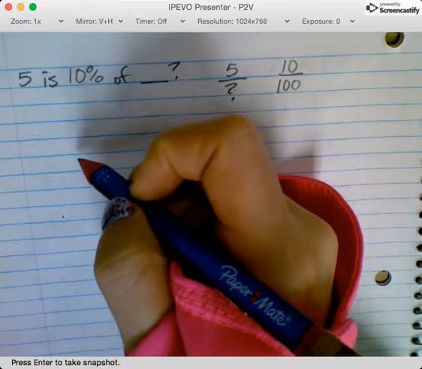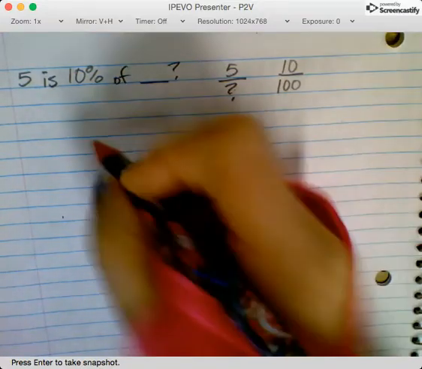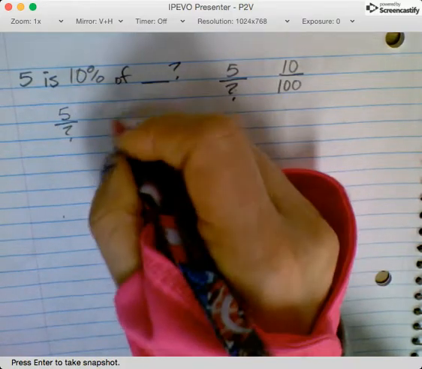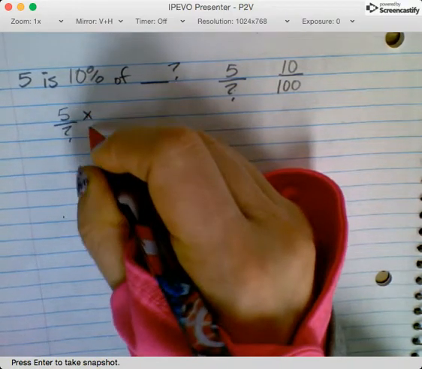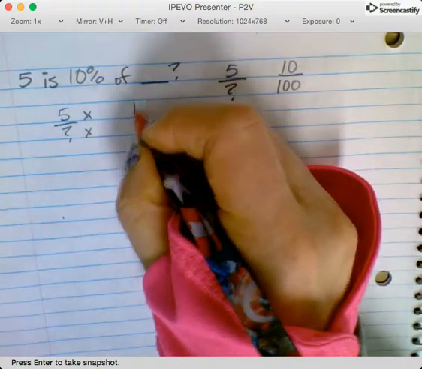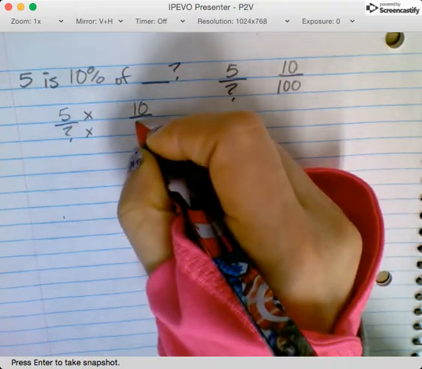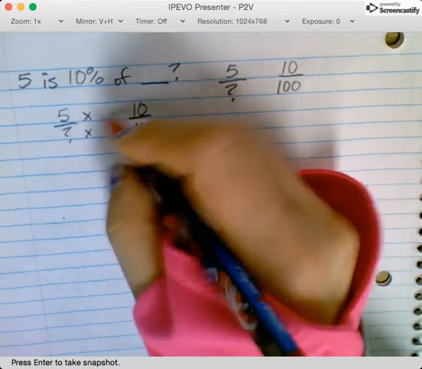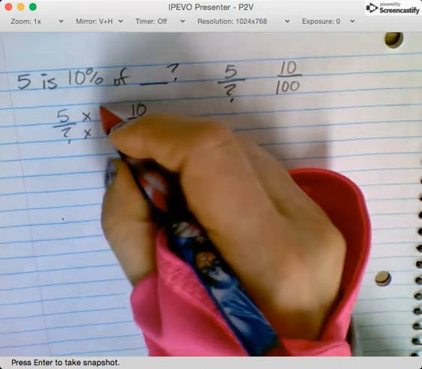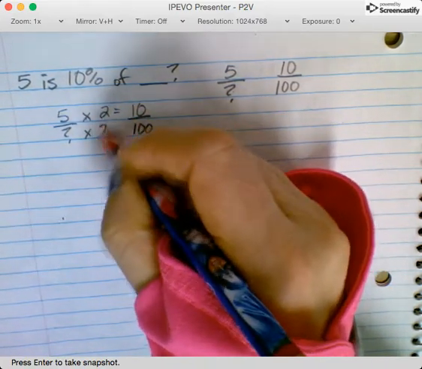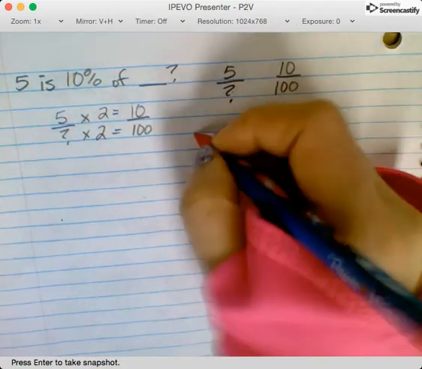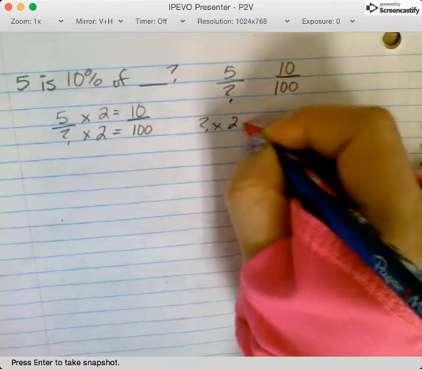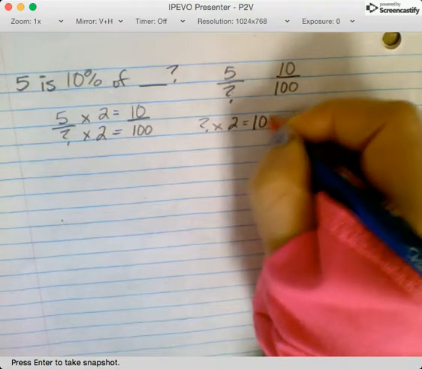If I'm going to do it this way, then I could say, okay, what do I multiply by 5 to get to 10? And I would do the same thing with this number to get to 100. So 5 times 2 equals 10. That means I multiply my other number times 2 to get 100.